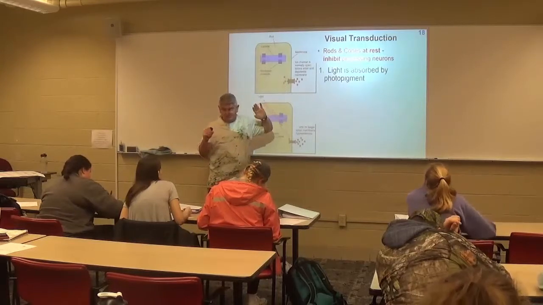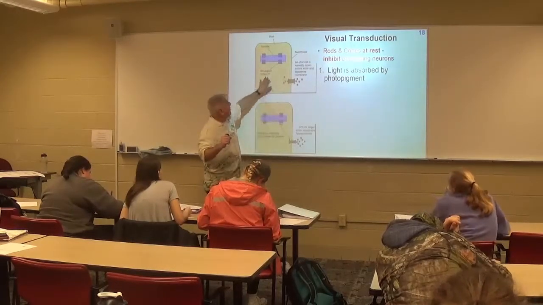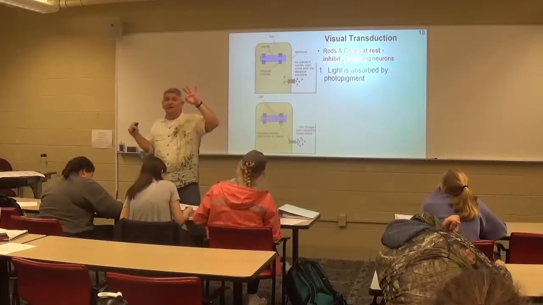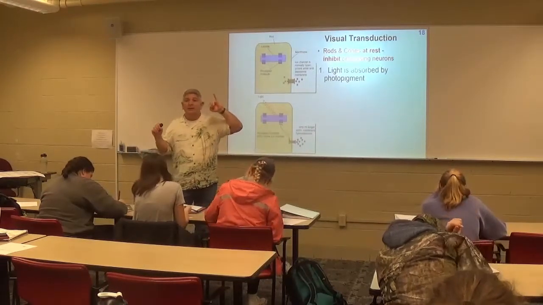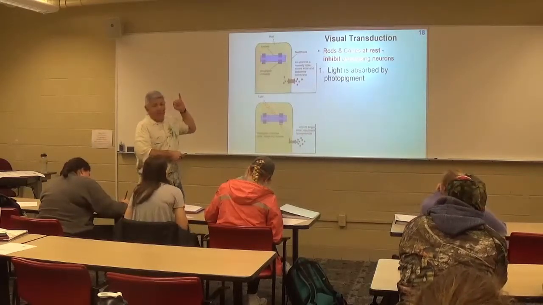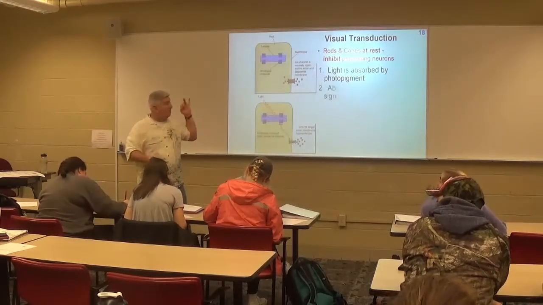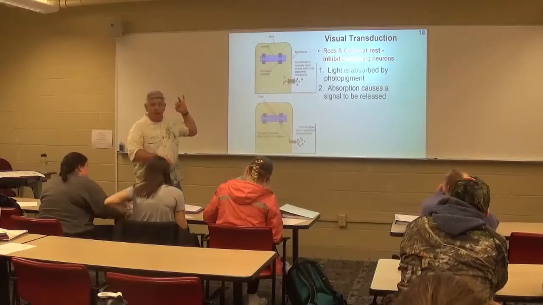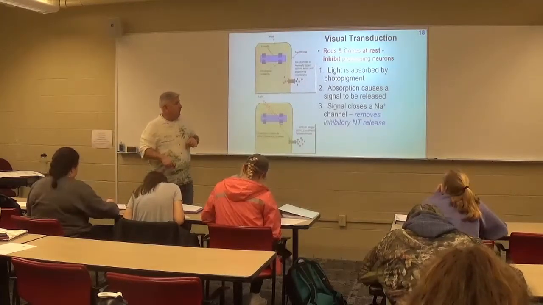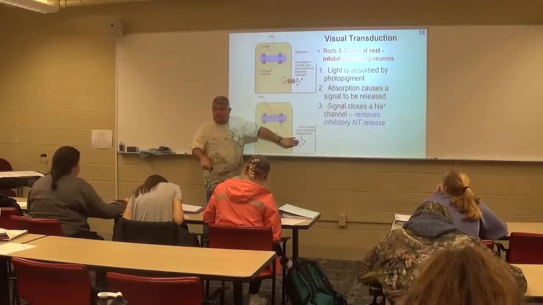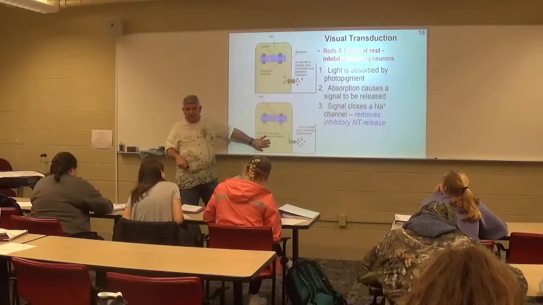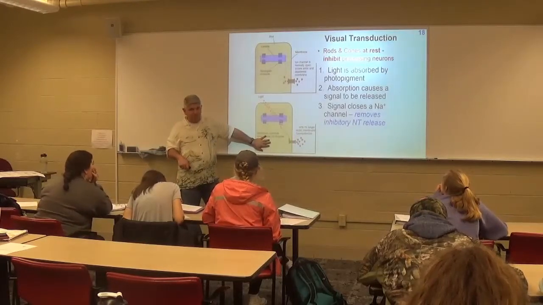Okay? What is complicated? Transduction is a three-step process. Step one, light comes in and gets absorbed by the photopigment and releases a signal. That signal closes the sodium channel. And when the sodium channel closes, what happens to the inside of the receptor?